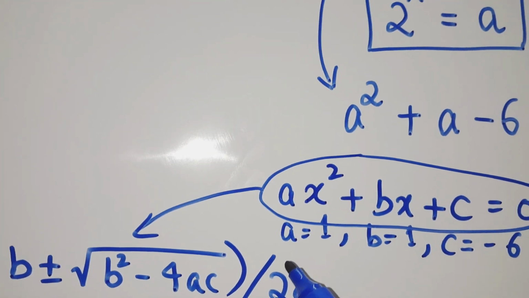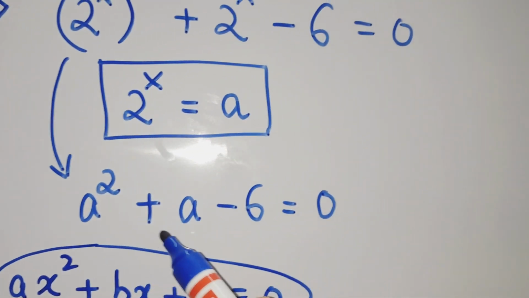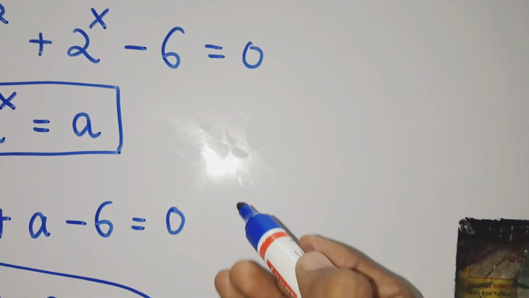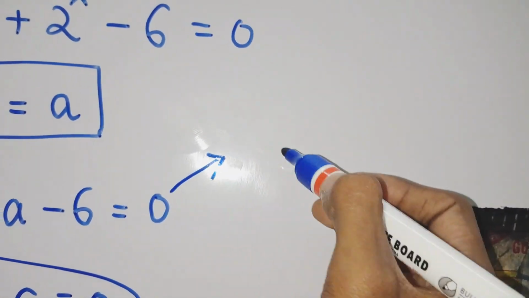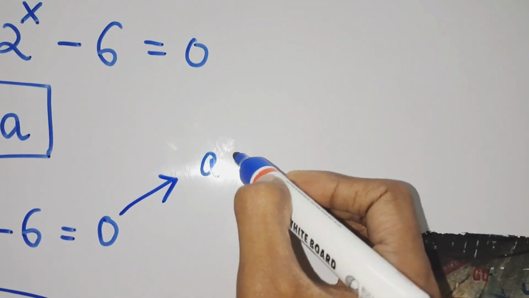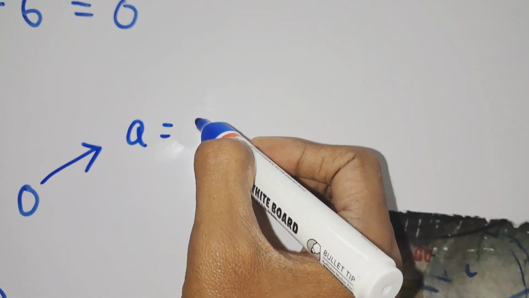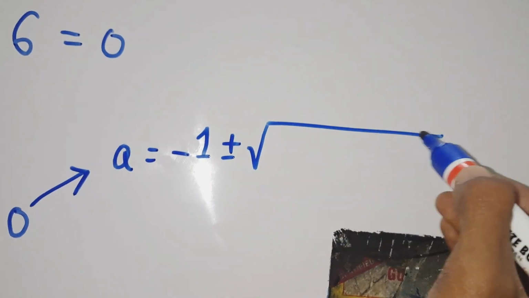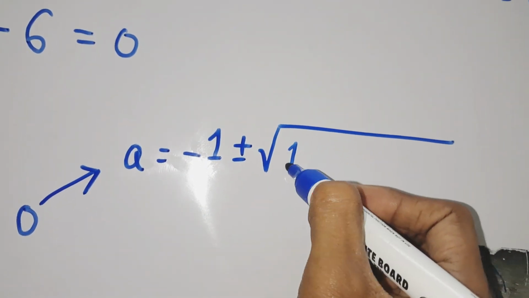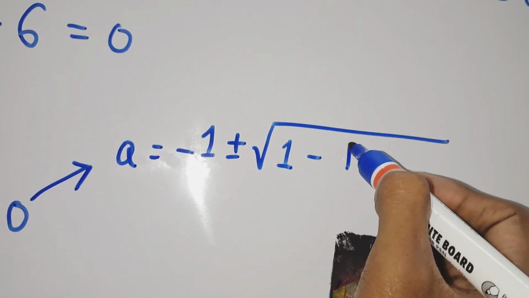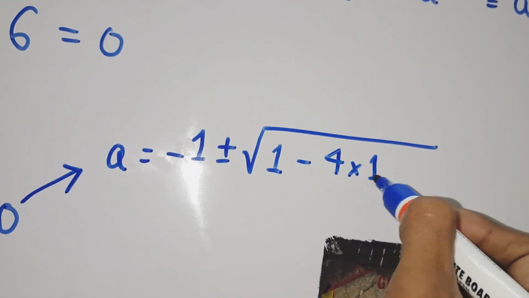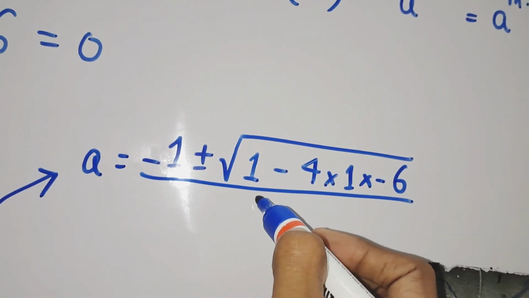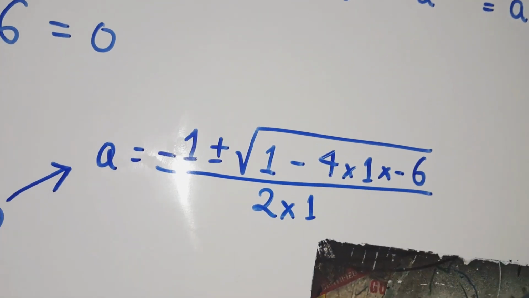So we can substitute the formula in this equation, a square plus a minus 6 equals 0. So a is minus b, where b is 1, plus or minus square root of b square, 1 square is 1, minus 4 times a which is 1 and c which is minus 6, whole divided by 2 times a, which is again 1.